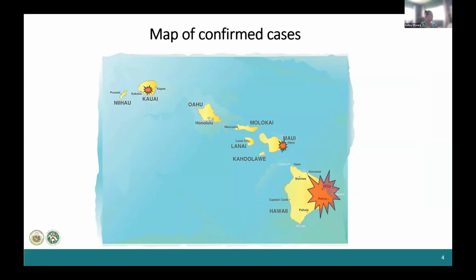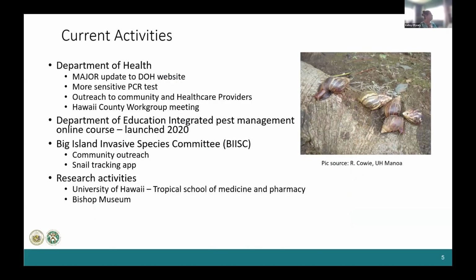And this is just a map to highlight that the east side of Hawaii Island has the most cases, so we are really targeting our outreach to that side. But I do have my counterparts on the other islands, who are also doing outreach. Currently, it's a multi-organizational collaboration to work on rat lungworm prevention.